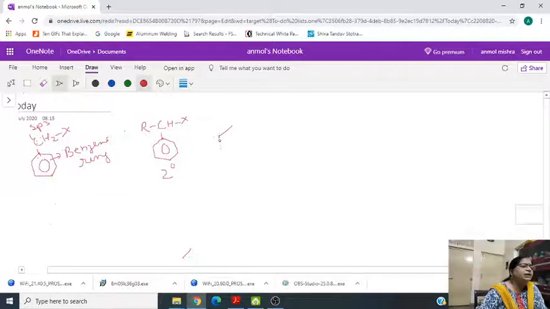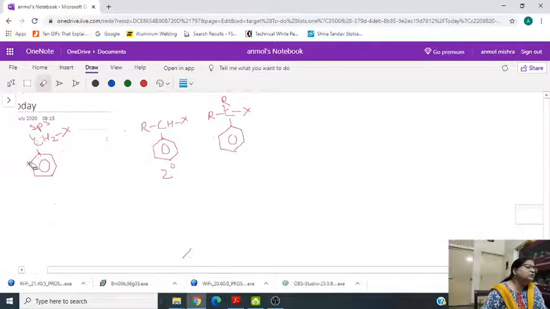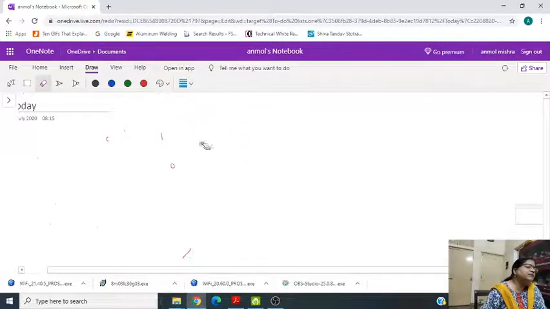In tertiary benzylic halide, two alkyl groups and one benzene ring are present. Now, on the basis of hybridization, the sp2 C-X bond, again they are classified into two.